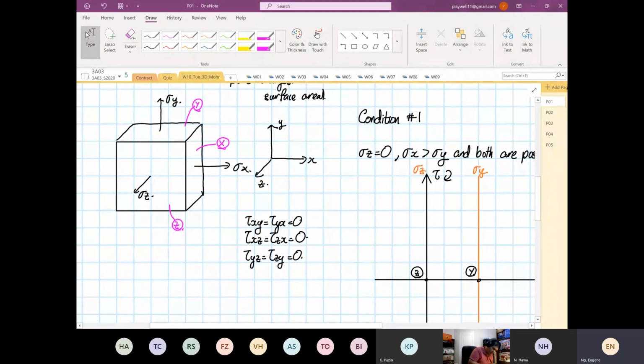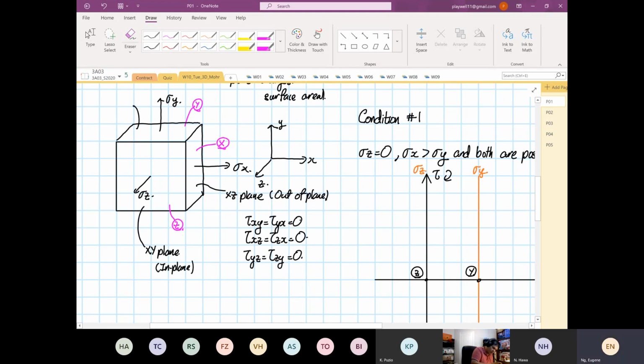So this is our XY plane, and this one is in plane, right? Because it's a surface, bigger surface area. Over here, that is your XZ plane, and this is the out of plane.